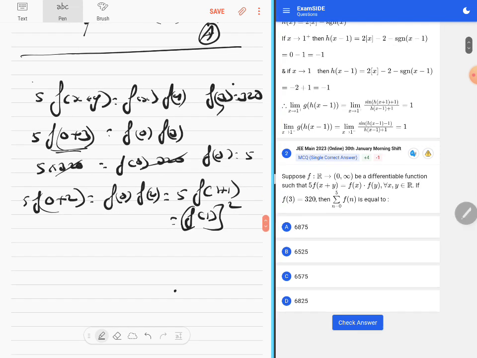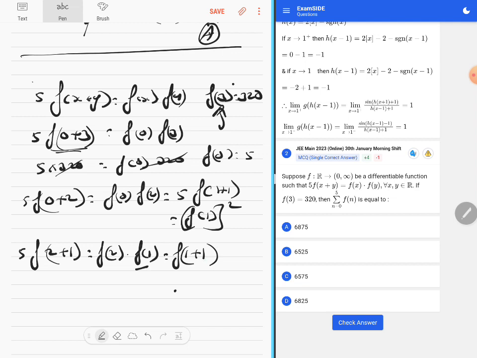So let's take f of 3. You can write it as 2 plus 1 also. F of 3 can be written as f of (2 plus 1), which is f of 2 into f of 1, and this f of 2 is f of (1 plus 1) into f of 1.